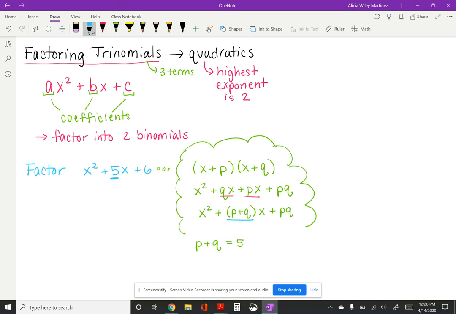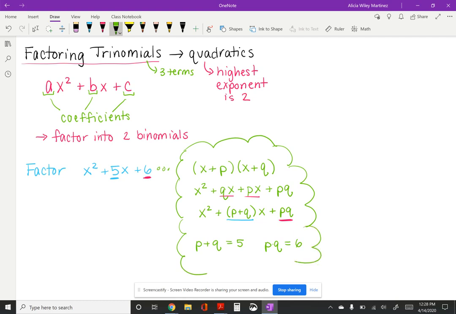Then over here on the p times q, that's going to be a representation of our constant. So what that means is that the p times q, put a dot there if you want, is going to have to equal 6.